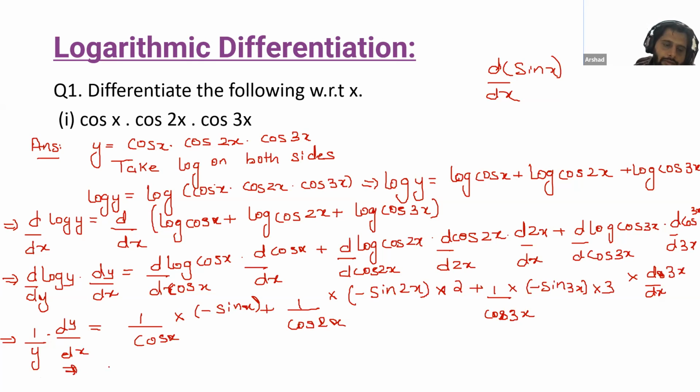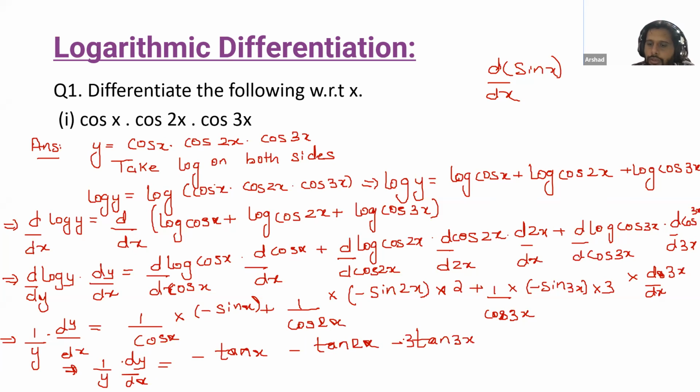So what we will get here: 1 by y dy by dx is equal to sine by cos, which is minus tan x, sine by cos is tan, so this is minus tan 3x into 3. Okay, from where do we get this 3? Why have we written this 3 here?